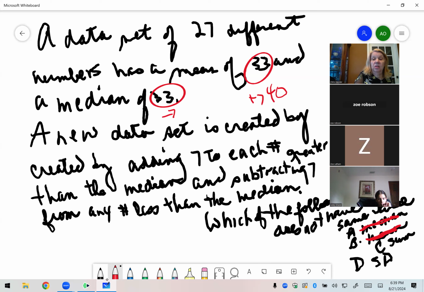They'll be additive inverses, but the standard deviation is going to be drastically different. Is that good for you, Zoe Robson? Yeah. Okay, and Zoe Latham? Yeah. And Addie, you're good? Just nod your head.